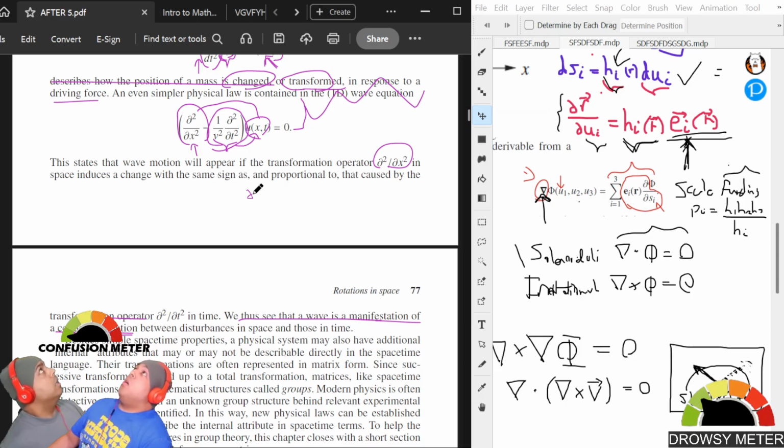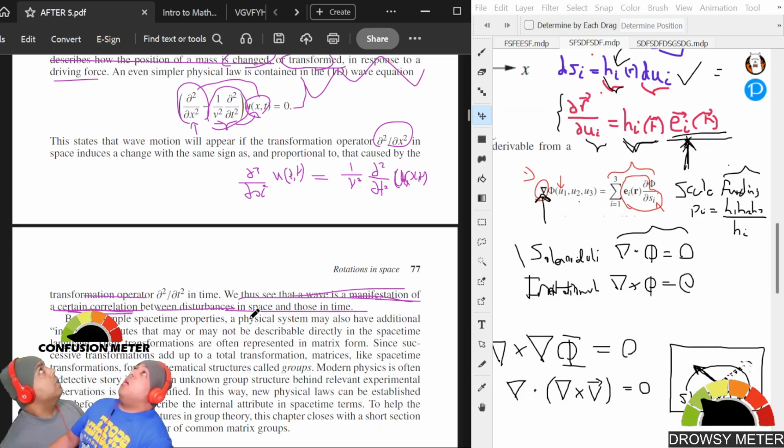So del squared over del x squared of u(x,t) equals 1 over v squared del squared over del t squared of u(x,t). v is the speed of light, I assume. A wave is a manifestation of a certain correlation between disturbances in space and those in time.